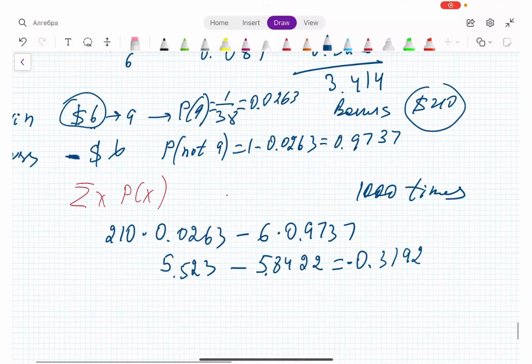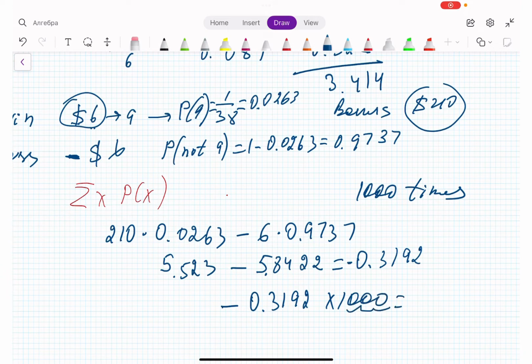Since we have negative 0.3192, times 1,000, it's going to be three zeros right here, multiplication. So I move the decimal position 1, 2, 3, and I'm getting 319.2.